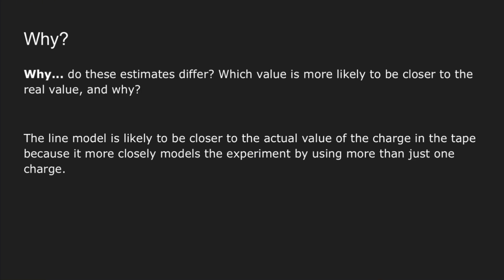These estimates differ because one uses one point charge, which is the most ideal experiment for calculating electric force and fields, whereas the other one uses many different point charges all in a line, which more accurately represents what a charge tape would look like, except with orders of magnitude more charges.